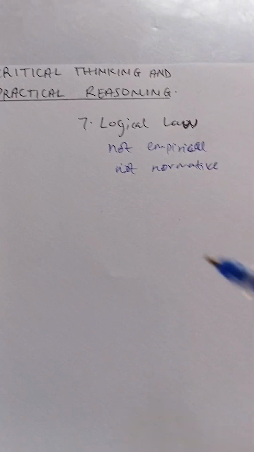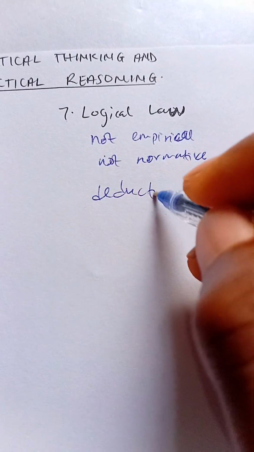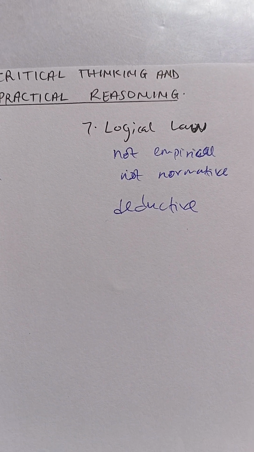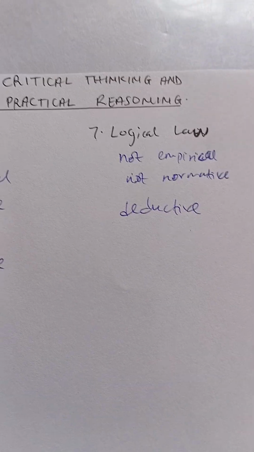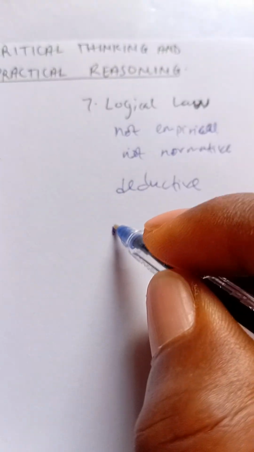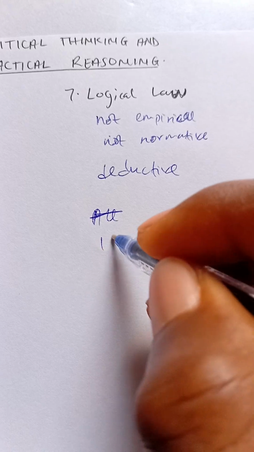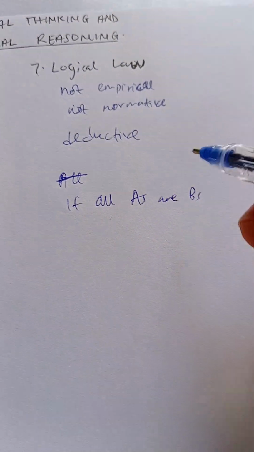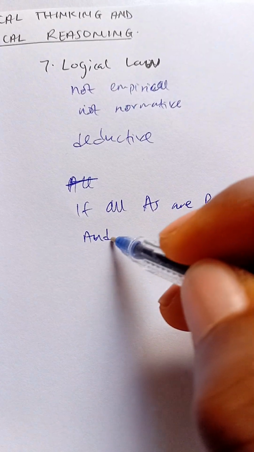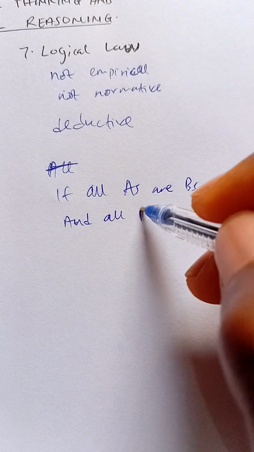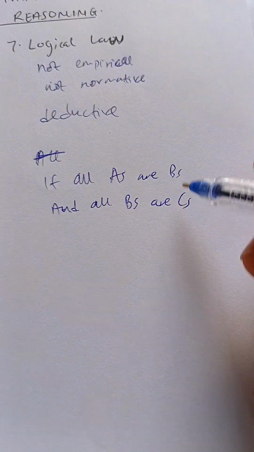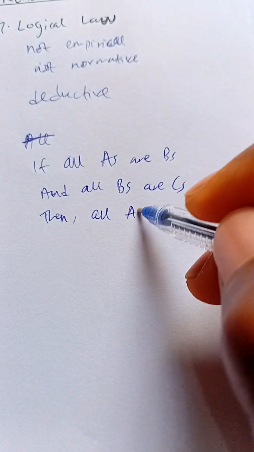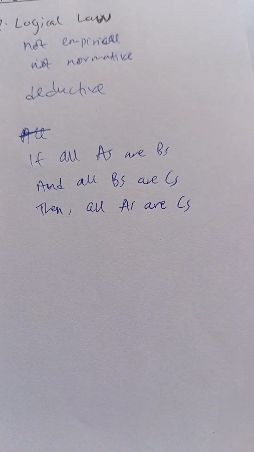We say they are deductive because they guarantee that if your starting points or your premises are true, then your conclusion will be true. For example, if all A's are B's and all B's are C's, then all A's are C's.